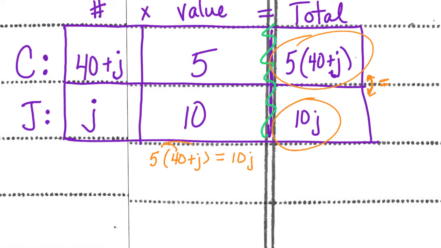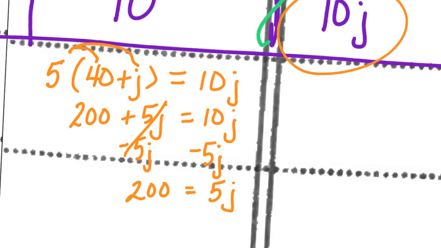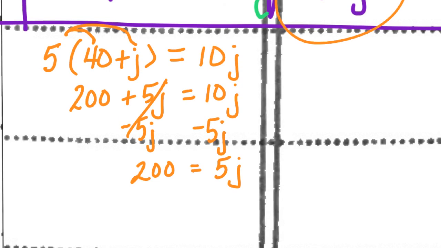Let's distribute. 5 times 40 is 200, plus 5J equals 10J. When I subtract 5J from each side, I get 200 is equal to 5J. And it looks like Joan has 40, divide by 5.